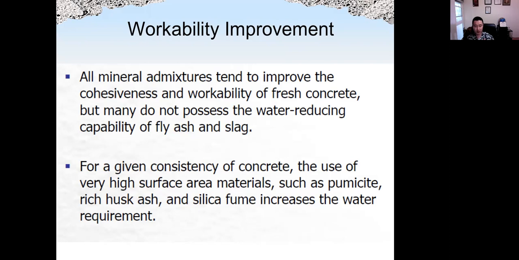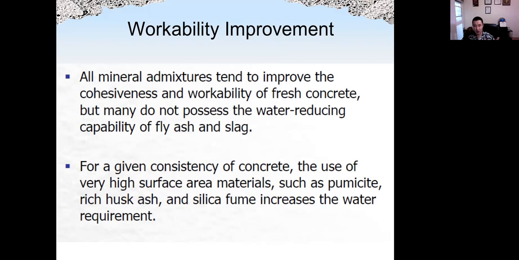If the materials have high surface area, such as perlite or rice husk ash, and also silica fume, that high surface area can increase how much water is needed for concrete. So keep that in mind, especially silica fume. When you introduce silica fume in the system, you will notice we need much more water to make the concrete workable.